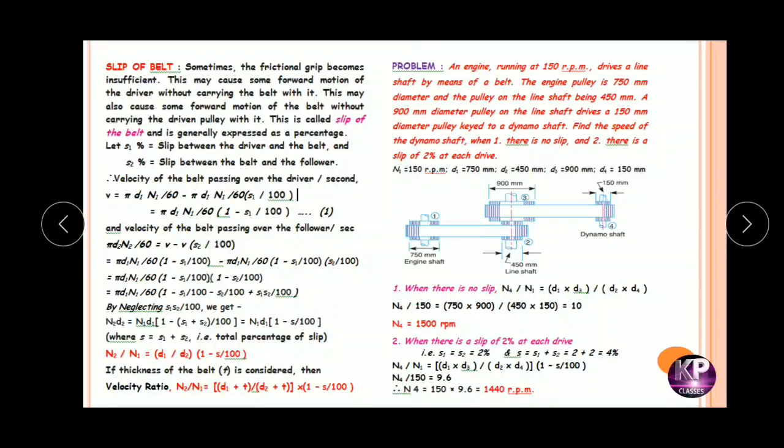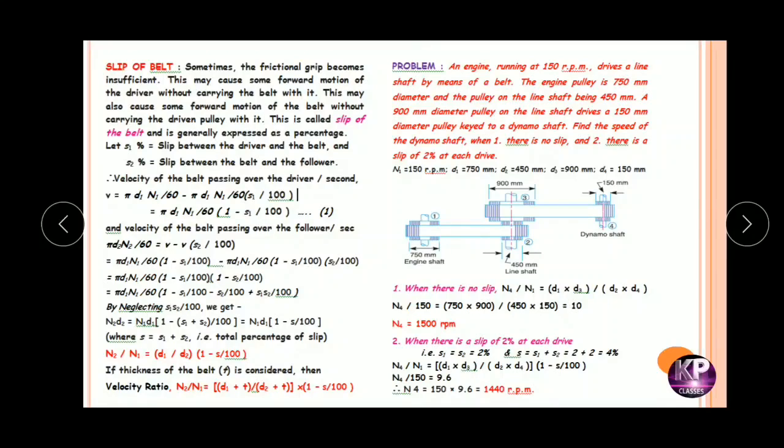Here pi d1 n1 upon 60 into 1 minus s1 by 100 comes out, and 1 minus s2 by 100 remains. By multiplying 1 minus s1 by 100 and 1 minus s2 by 100, we get a term s1 into s2 by 100. s1 and s2 are very small quantities, which are multiplied and again divided by 100, so that is a very small quantity.